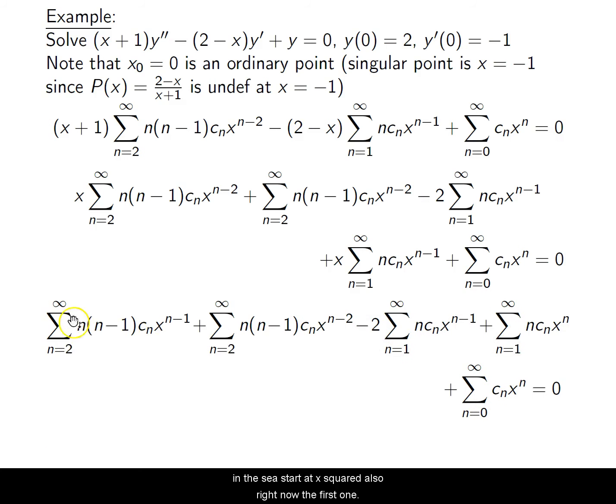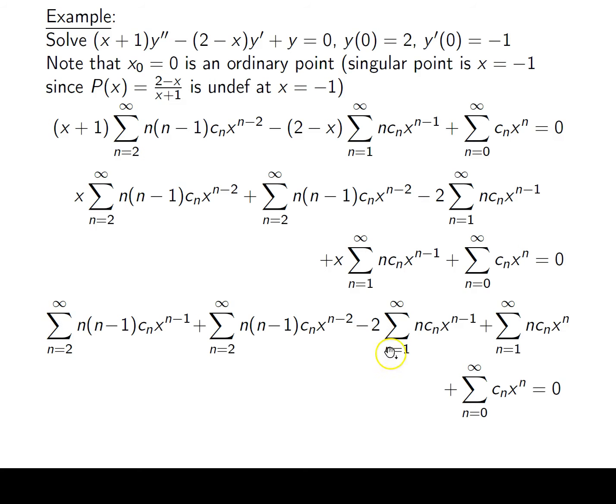But right now, the first one and the fourth one start at x to the first power, or just x. All the others are x to the 0 power, or just a constant. So the second, the third, and the fifth, I'm going to pull one term out, so everything then starts at x, x to the first power.